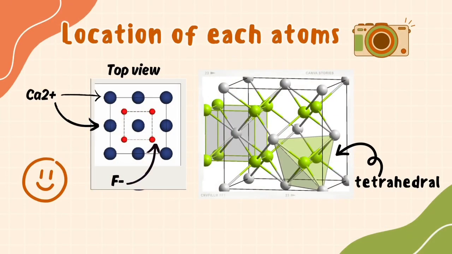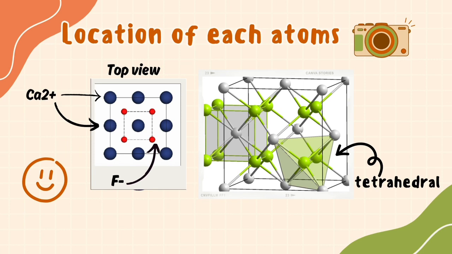Let's go into detail about the location of each atom. The first picture is from the top view. As you can see here, calcium ions are located at the corners of the unit cell and at the center of each face of the FCC lattice. There are a total of 6 face-centered positions in an FCC unit cell.